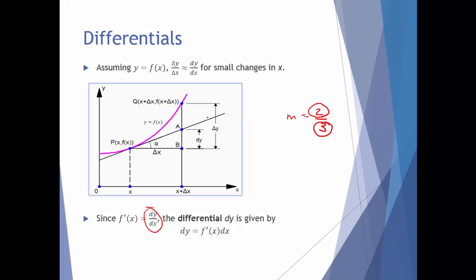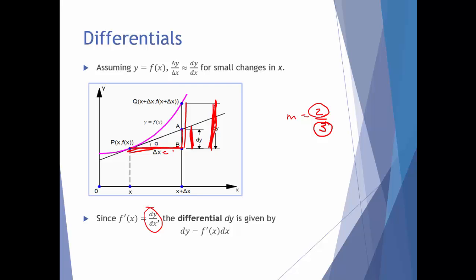So usually what we want to do is some kind of comparison. How does the actual value of the function, in other words the change in y as we change x, compare with the approximated change in the value using the tangent line for that same change in x? No matter which one you're looking at, whether the tangent line or the actual curve, the change in x is the same.